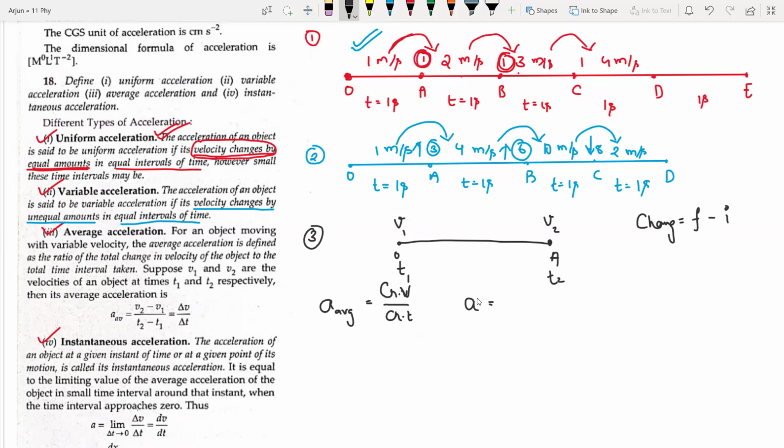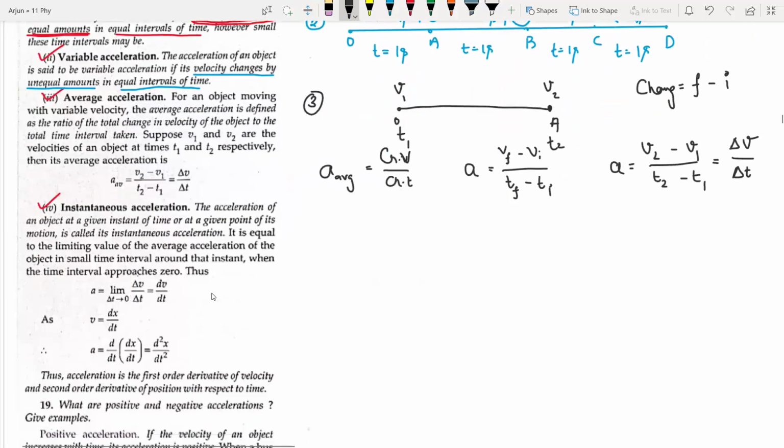So final velocity Vf minus initial velocity Vi, upon final time tf minus initial time ti. So we can substitute: a is equal to final velocity v2 minus initial velocity v1, upon final time t2 minus initial time t1. The change can be represented with the symbol delta. So it is delta v, change in velocity, upon delta t, change in time. This is the formula for average acceleration.